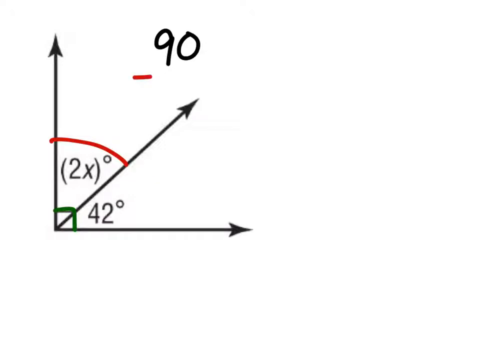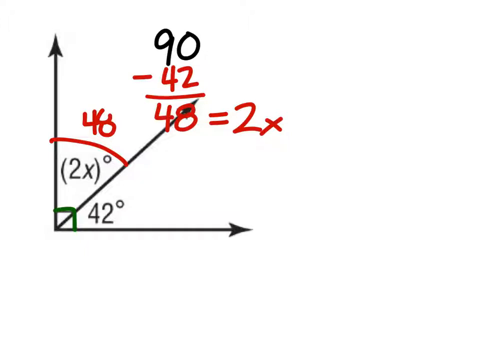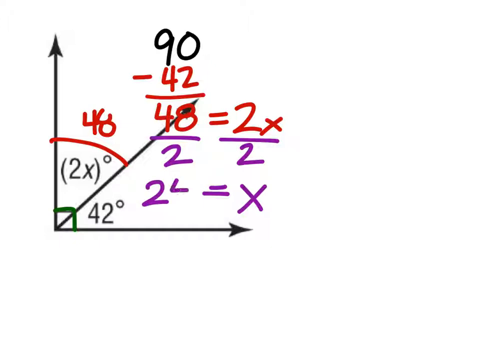So we'll take away the 42 degrees of the complementary relationship, and that would give us 48 degrees. So this angle is 48 degrees, but that would equal the 2x as well. And since all we're doing is solving for x, we would divide both sides by 2, and we would see that x equals 24.